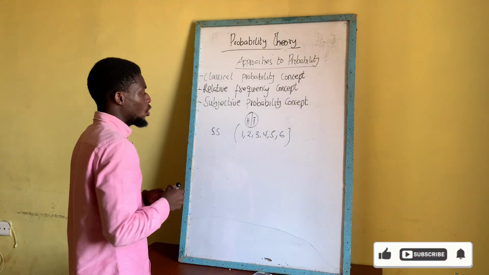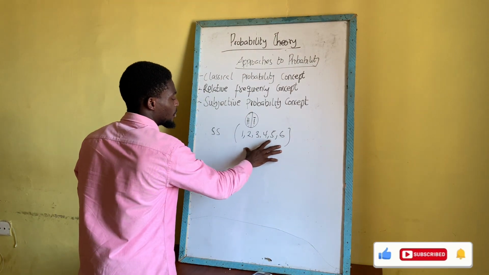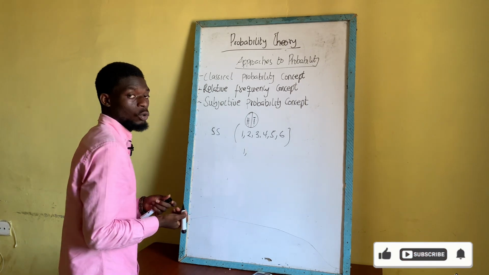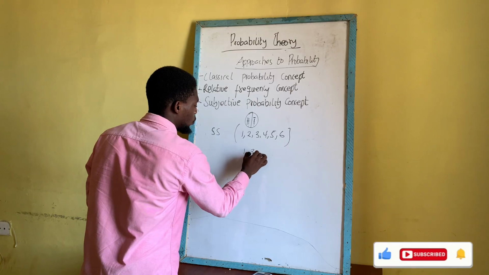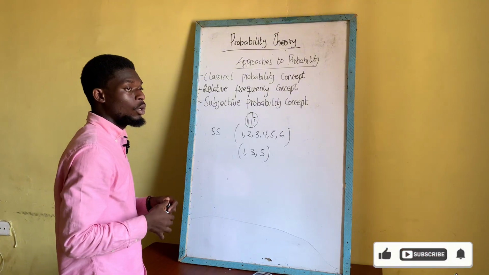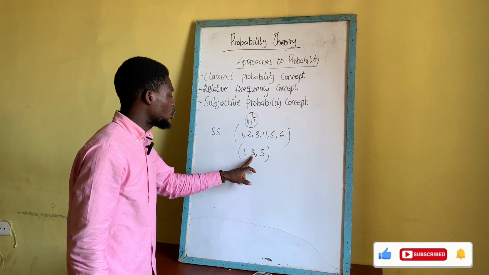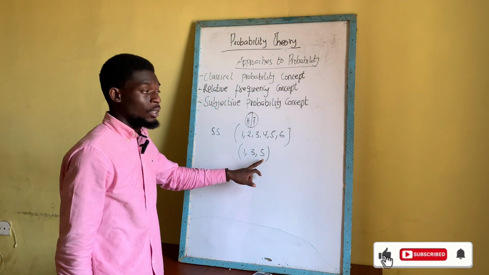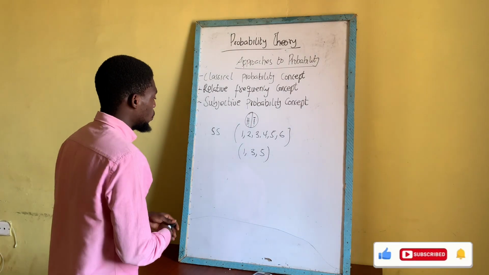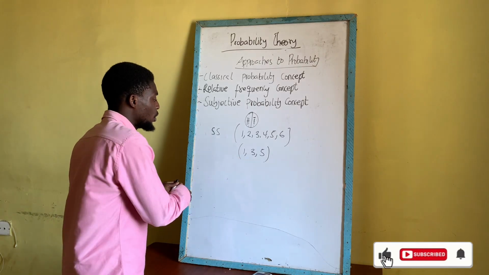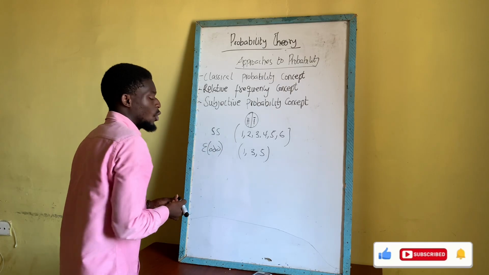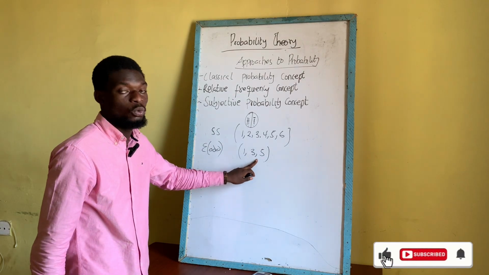If we pick odd numbers from this sample space, we have 1, 3, and 5. Mind you, we are not going to add the 1, 3, 5 and divide it by the total number of possible outcomes. The event that we are interested in is our odd numbers, and we have 1, 3, and 5.